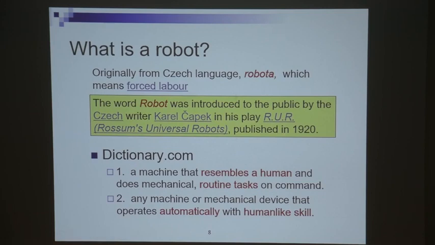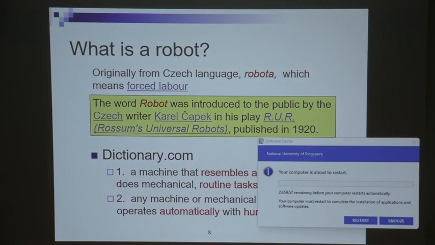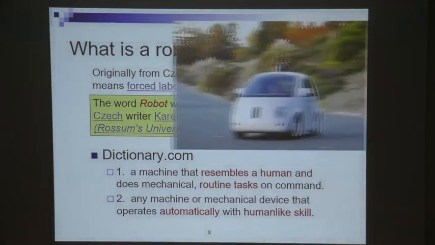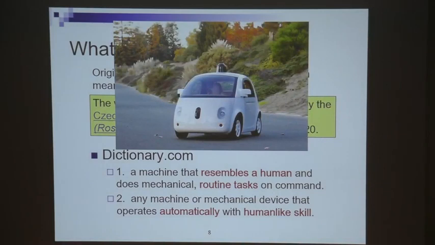Okay, so what happened now is in this course itself, we have a lot more other definitions of a robot. So this is an example. If you look at this autonomous vehicle, it's considered a robot, but it's definitely not human-like.